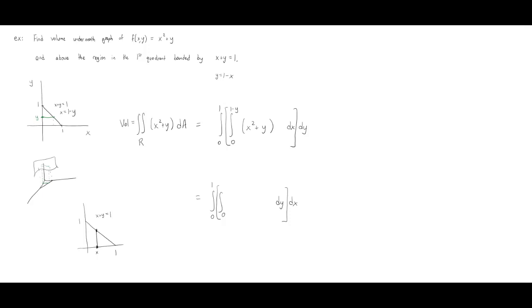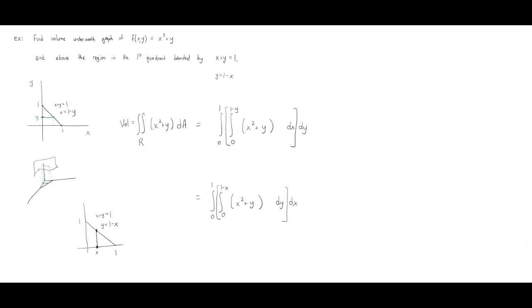Okay, so if we just solve for y, whatever x is, y is always going to be 1 minus x. So that would be the upper bound on y, and then we're just doing this integral. All right. So this is Fubini's theorem for non-rectangular regions.